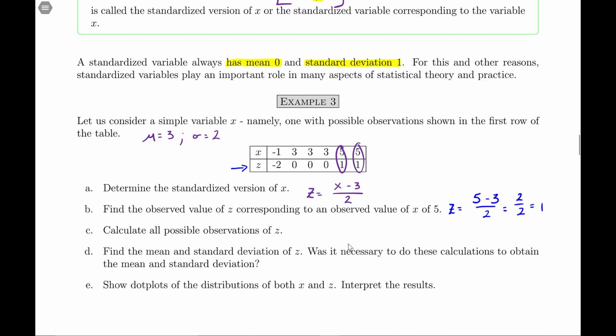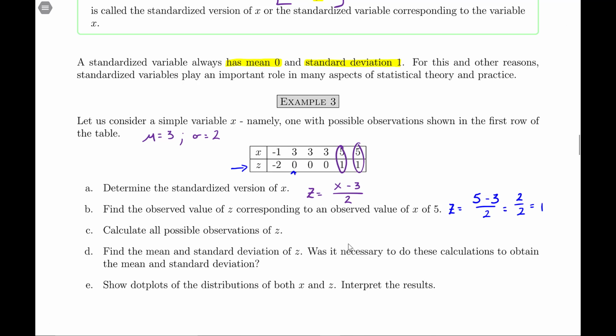So what we could do is if we substitute in -1 into this, so -1 minus 3 is -4. -4 divided by 2 gives us -2. You don't have to calculate these because I've already provided them, but that just gives you a little extra practice should you decide to try that out. So if we tested 3, we put in 3. 3 minus 3 is 0. 0 over 2 is 0, and that corresponds to the Z-score that we find right here.